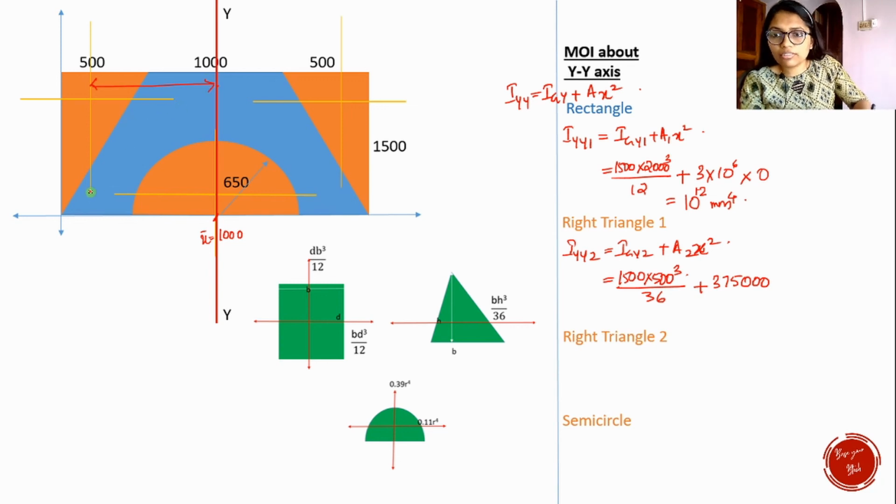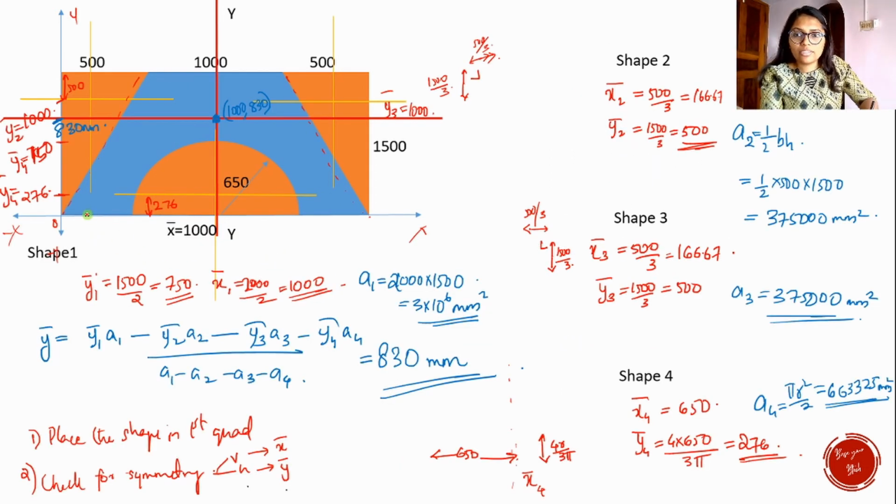And what was the value for this coordinate? Remember, y bar was, I'll show you. We have to find the coordinate over here, that is for shape 2, x2 bar. x2 bar here was 166.67. So let's copy it over there.